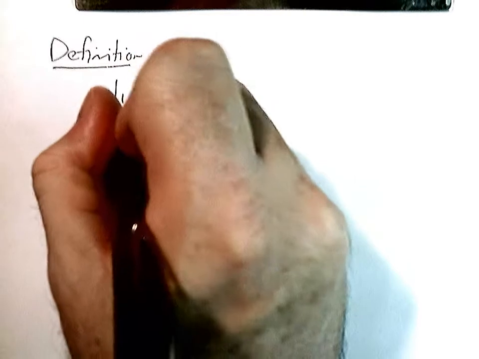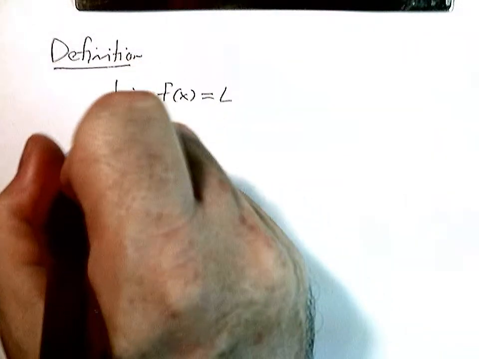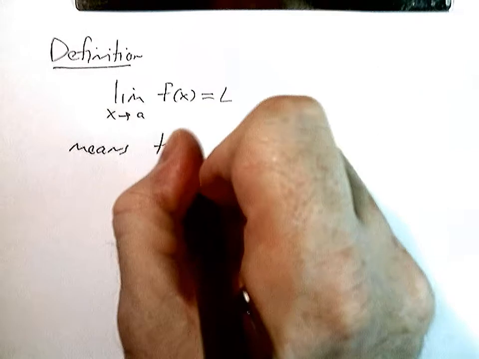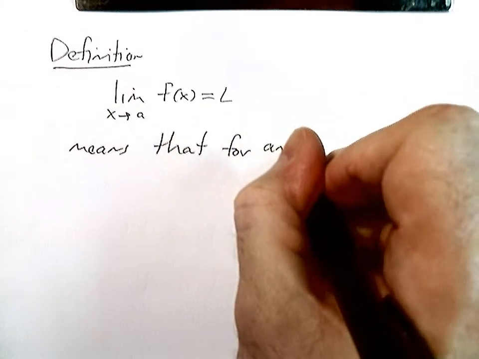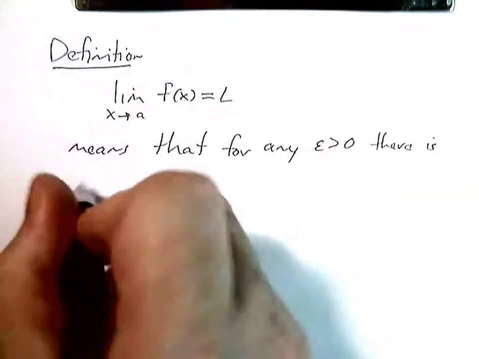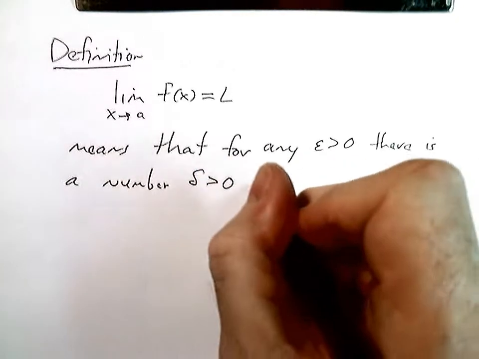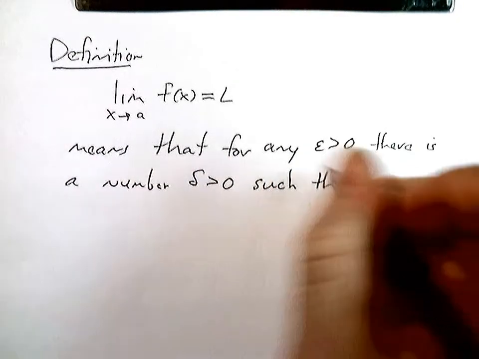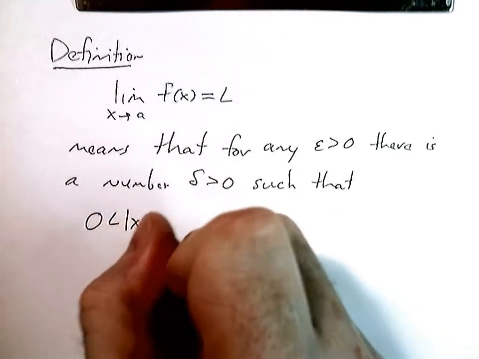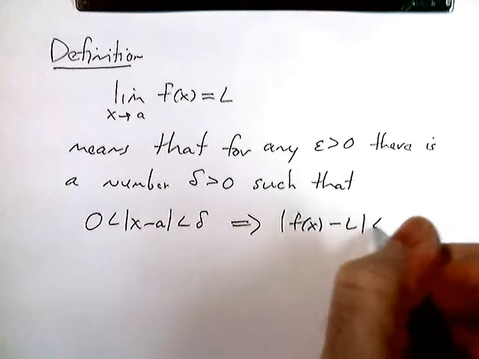So our definition here, we'll write that the limit as x goes to a of f of x equals L means that for any epsilon bigger than 0, there is a number delta bigger than 0 such that 0 less than absolute value of x minus a less than delta implies absolute value of f of x minus L is less than epsilon.